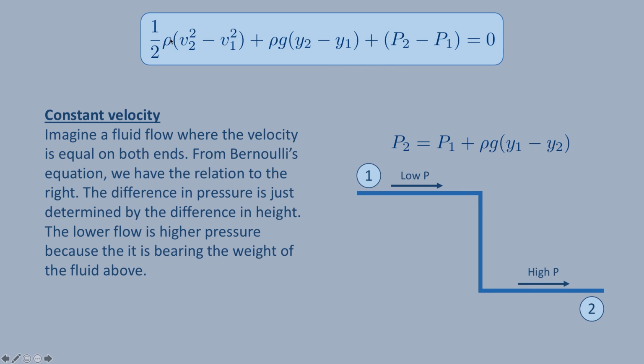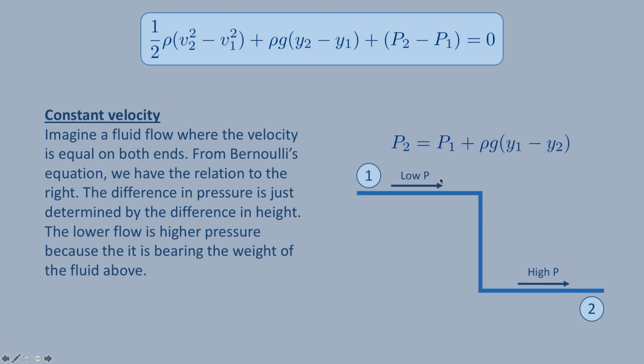Now, if you make the velocity term go to zero, so it's the same flow speed at both ends, you could accomplish this by having a pipe that has the same diameter everywhere. Then by the continuity equation, the flow speed has to be the same everywhere because the area is also the same. So if the pipe diameter is the same everywhere, the flow speed is the same everywhere, then what's different is the pressures. Because the height is changing from this value down to this value, the pressures have to change as well.